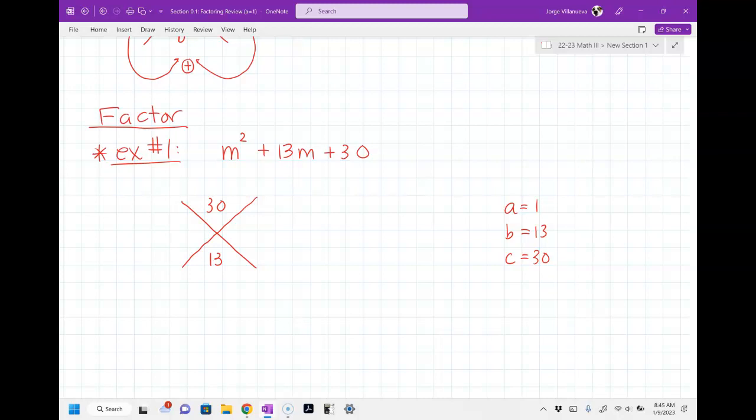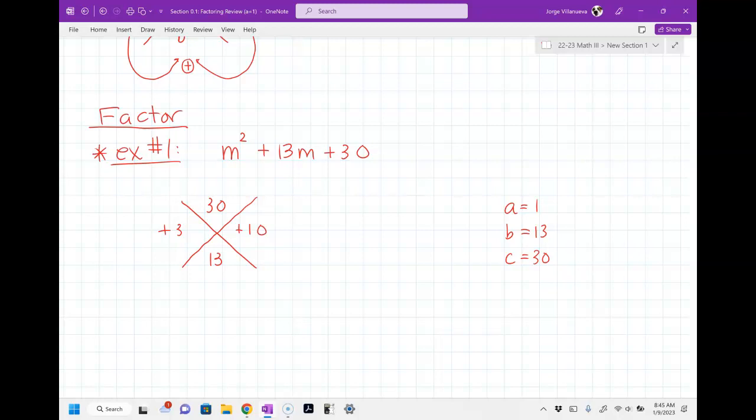Say again. Negative 3 and a 10. Okay, but negative 3 and 10, that multiplies to negative 30. So what if I make it a positive? A positive 3 and a positive 10, unless I misheard you.